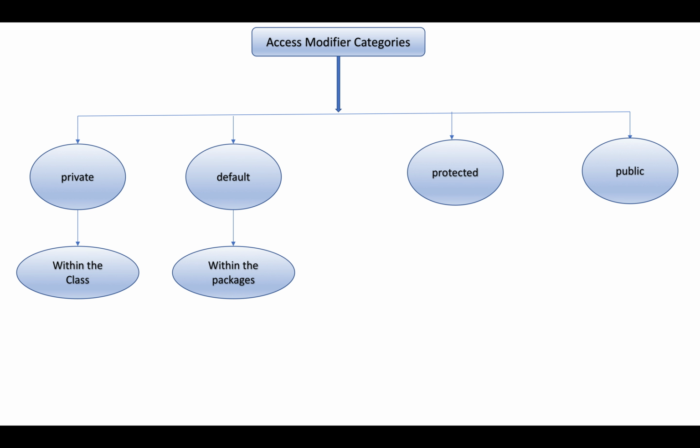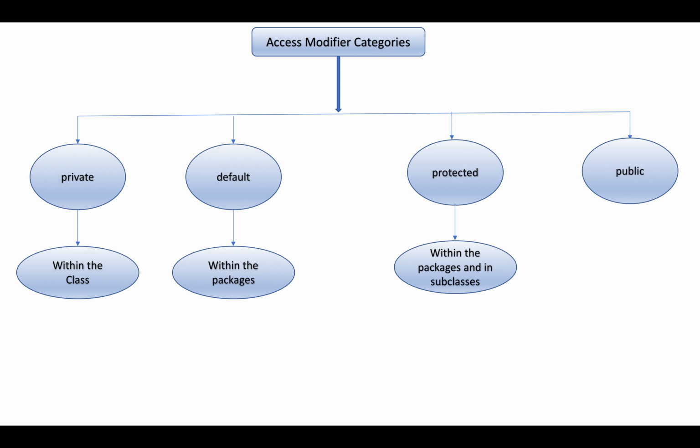Yeah, I got it. So now what is protected? Protected means the variable, member or method we declare with the protected keyword as access modifier is accessible throughout the package and in subclasses. We will see the subclass concept in a couple more videos down the line, because it is a very important concept of OOPS called inheritance.